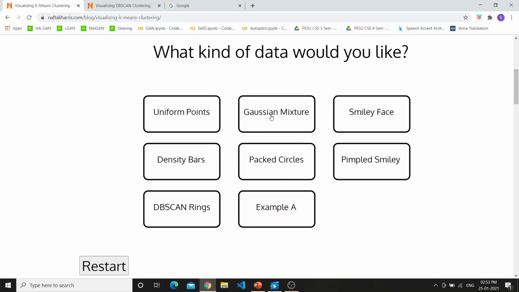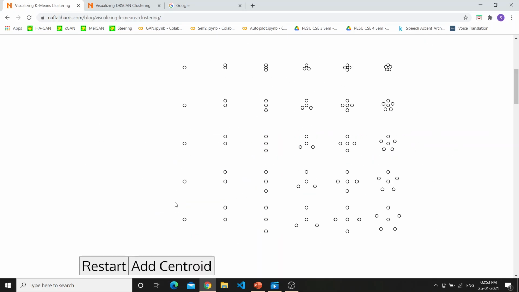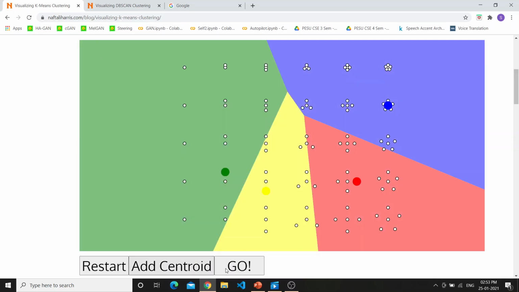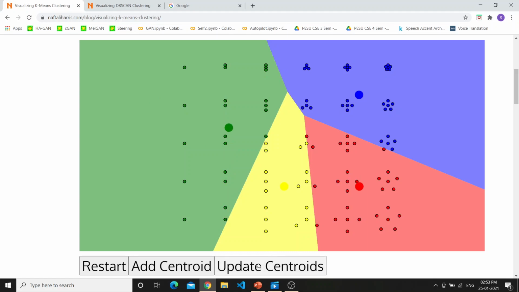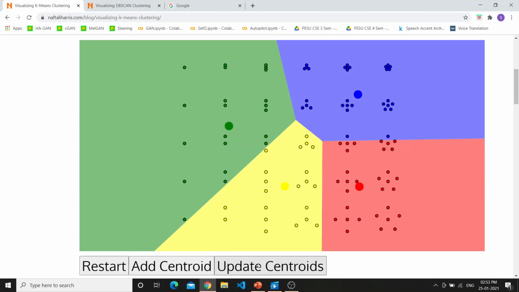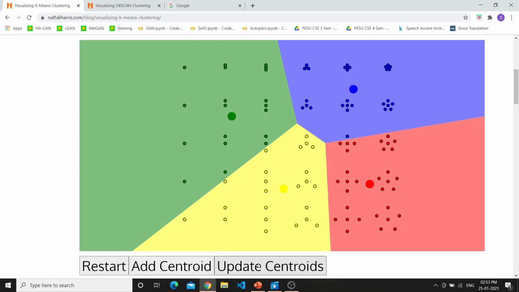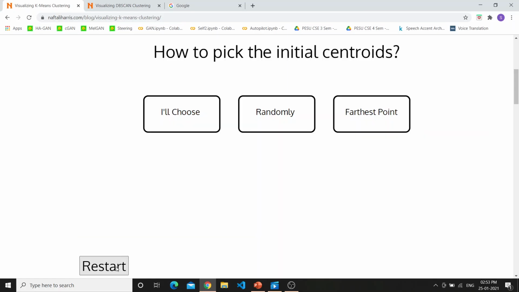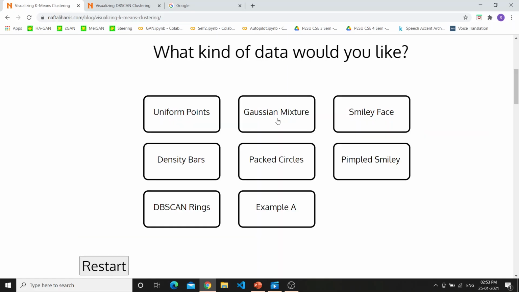Okay, if you take 2-3 random places right now, just run it a few times. Yeah, so you get this. Okay, restart it and now add some other centroids. Don't add them in the same place.